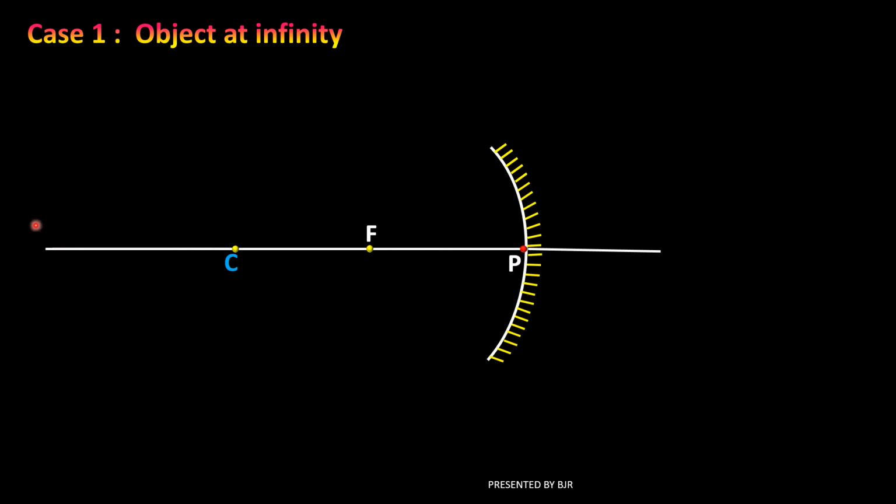When the object is at infinity, that is when it is far away from the mirror, the rays coming from such an object will become parallel when they come nearer to the mirror.